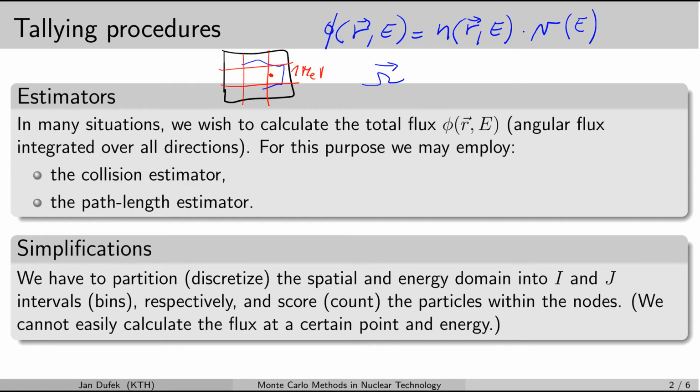So when we actually calculate the neutron flux within a specific space region, for instance the flux which is integrated over this space zone and integrated over a specific energy bin, the physical meaning of this flux will be the combined distance that the neutrons would travel within this specific zone and within the specific energy bin. So both of these estimators are actually based on this interpretation of the physical meaning.